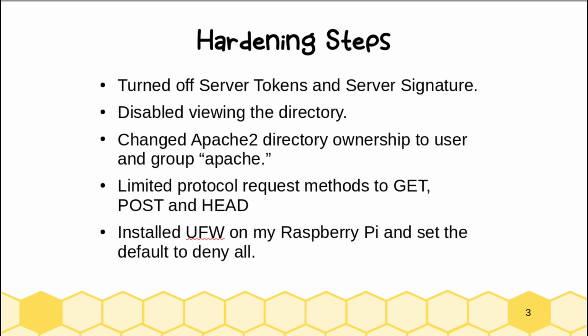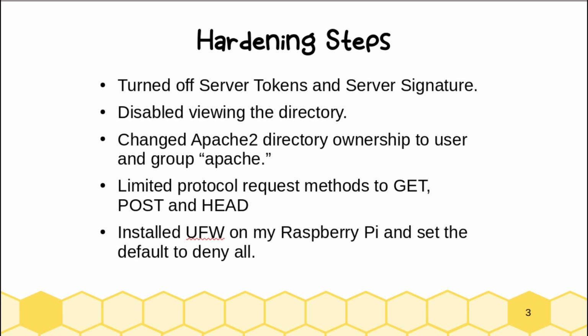And then finally, again, this step was probably a little bit out of order, but I was kind of focused on the configuration file first and then moved to other things. I installed Uncomplicated Firewall onto my Raspberry Pi. Very necessary step.